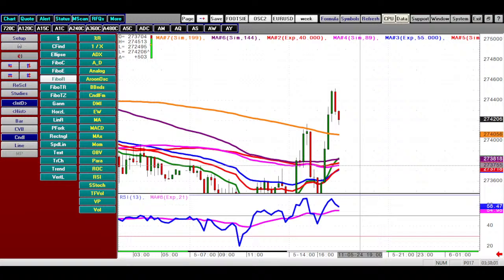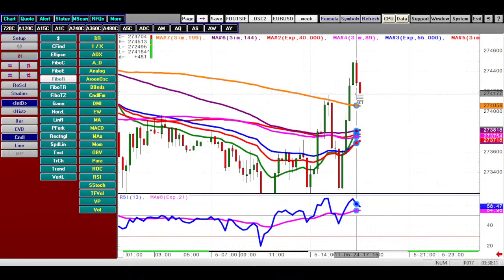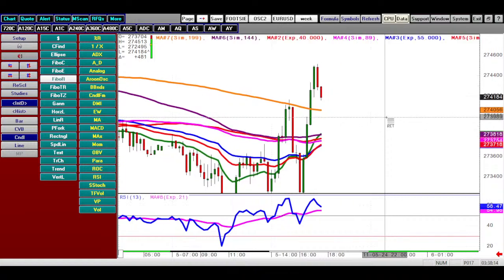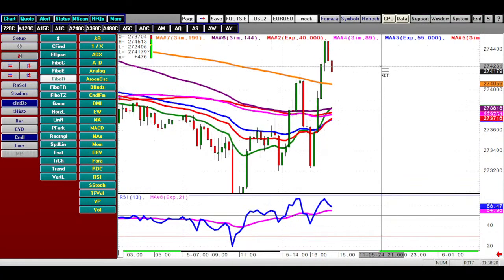So probably we would have got it cheaper, but we tried to enter early. Okay, I think we should have got it at 42, maybe $1 cheaper. So I think the overall strength is still there.